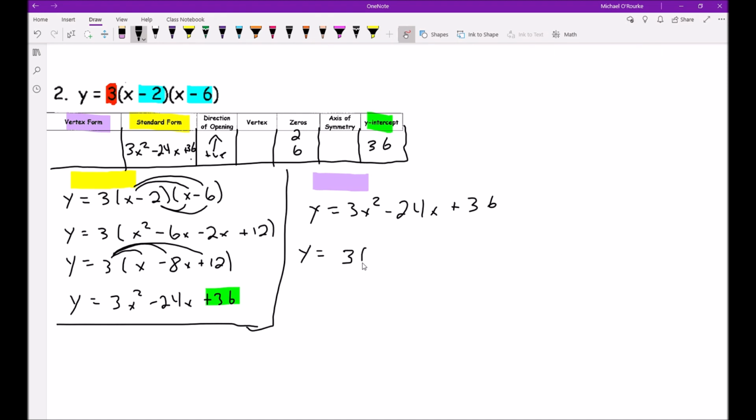So I'm going to take 3 out of the first two terms. I'm going to take the 36 out as well, good. And what's my two numbers I'm plugging in here? What's my plus and what's my minus? Oh, how'd you get 144?